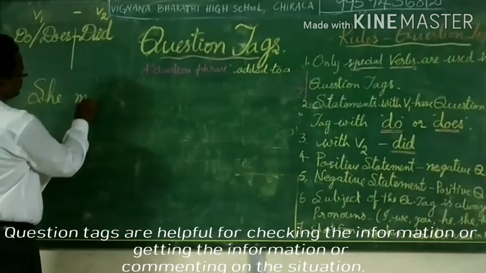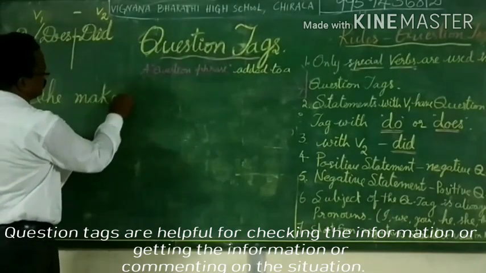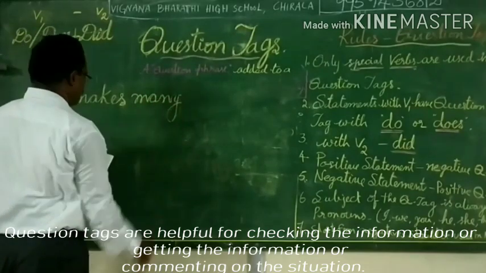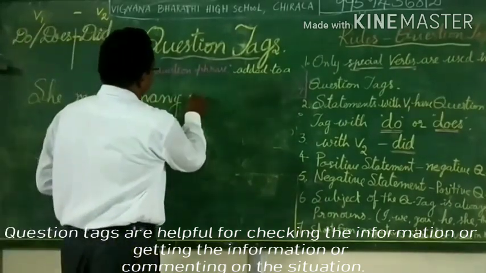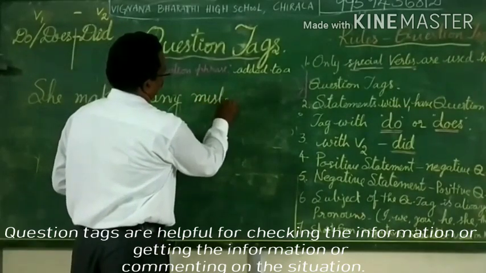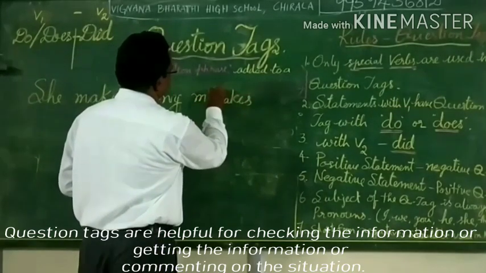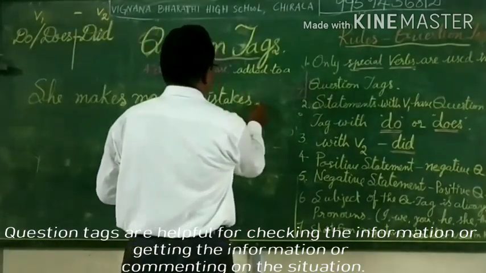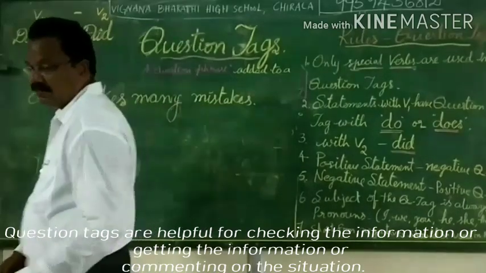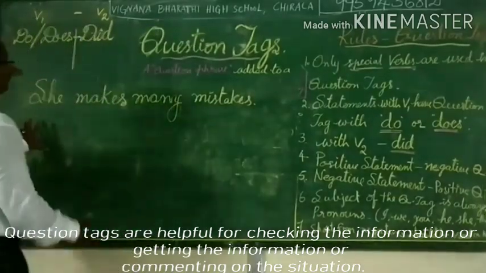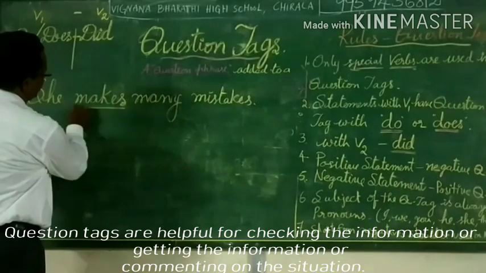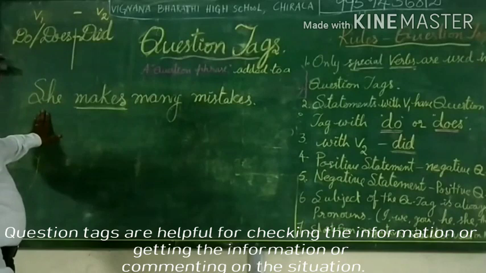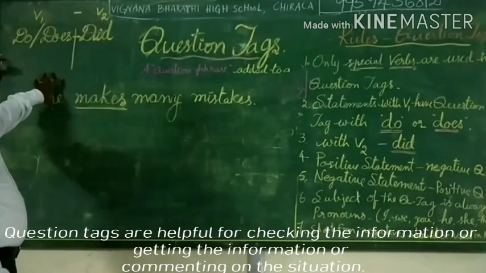She makes many mistakes. She makes many mistakes. This is a statement. In this statement, verb part makes, action word makes. She, pronoun, that is the subject, is already in the form of pronoun.